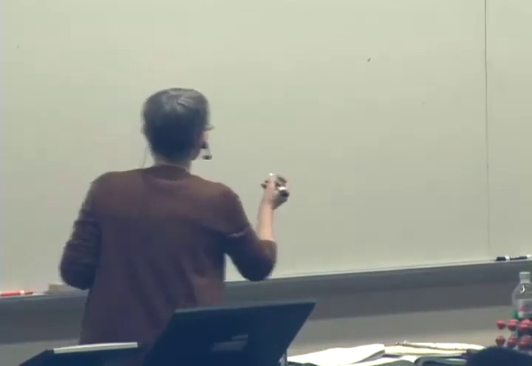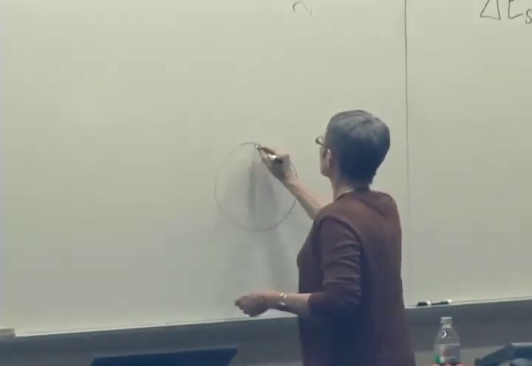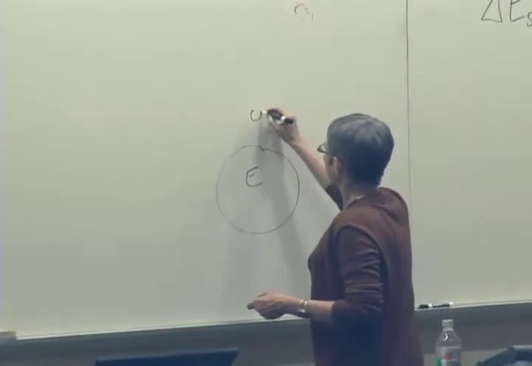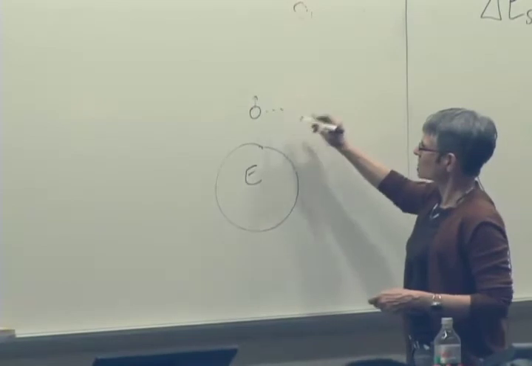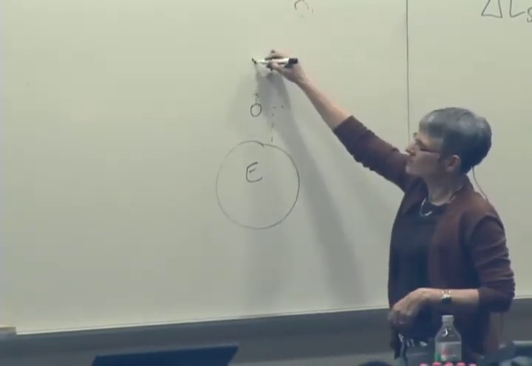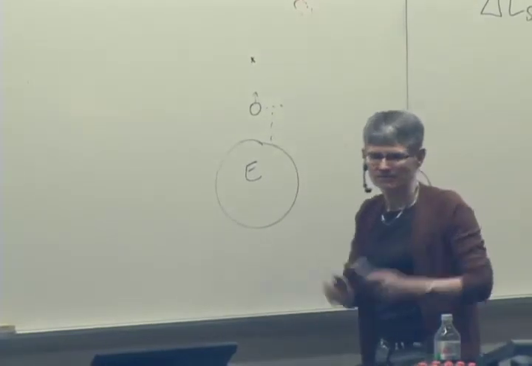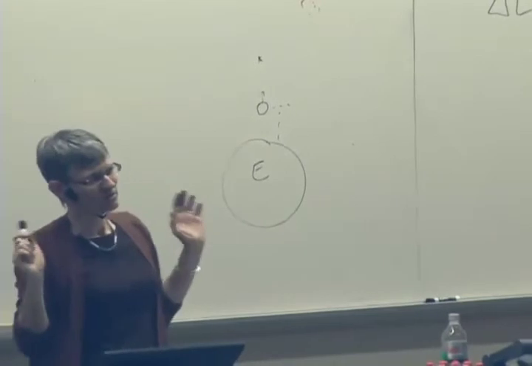But let's just consider a simple situation here just to make the point, which is here's the Earth, here's a ball. It starts at some height, goes up a certain distance, and comes to a stop. Now, there are two obvious possible choices of system.